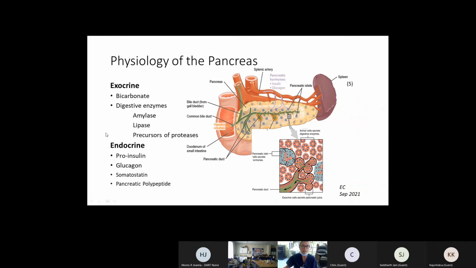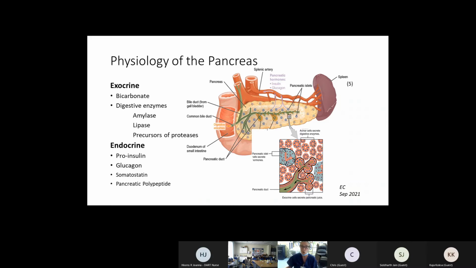The endocrine function, as you all know, insulin and all the other hormones, glucagon, somatostatin and pancreatic polypeptide, are secreted in the Langerhans islets that are scattered all around the pancreatic parenchyma. And this is also very important at the cellular level.